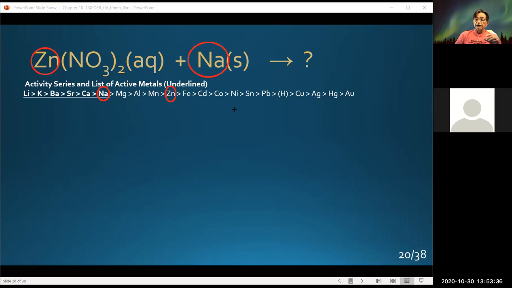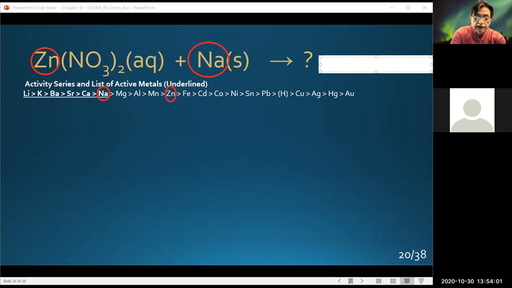We can see that sodium is a lot more reactive than zinc. So that means they're going to change partners. Zinc, which is in a plus two state, will become zinc metal. So I can very quickly make zinc, put that down, it's going to be solid.